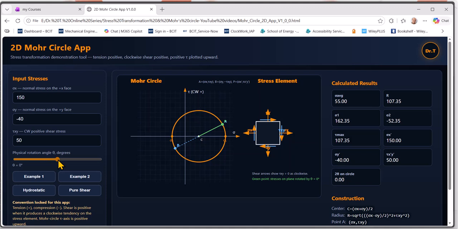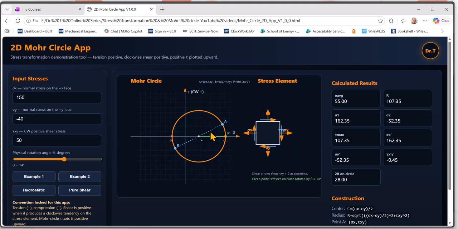So if I come on this point, it is 0 orientation. And then if I rotate, let's say clockwise, to come to my sigma 1, you see that my rotation is 14 degrees. So that's what I was saying. If you want to rotate your element, you should rotate your element by 14 degrees physical.